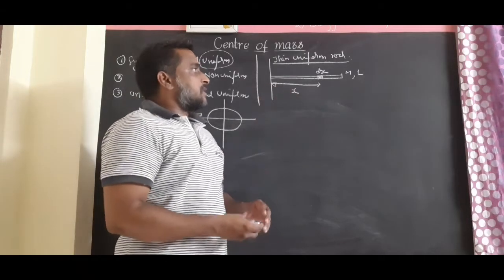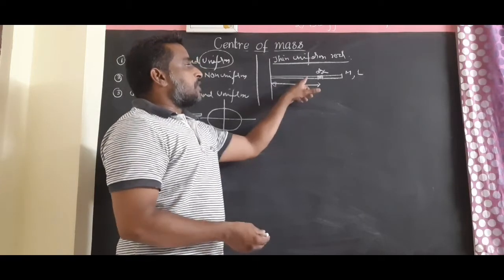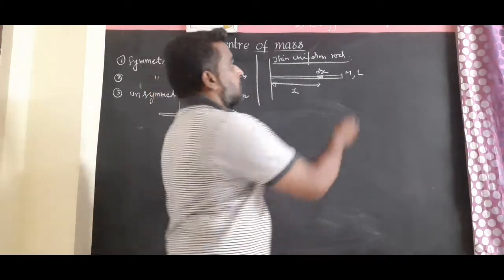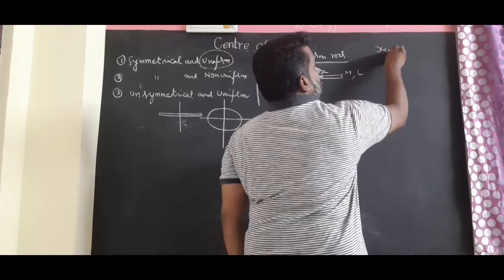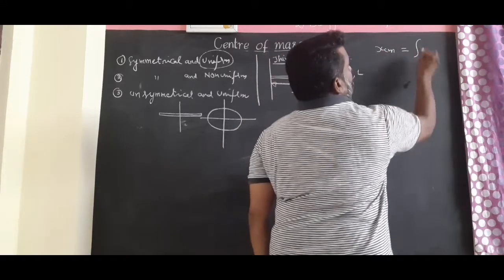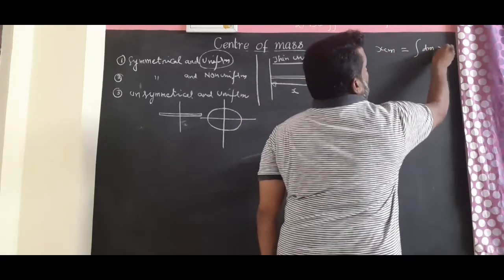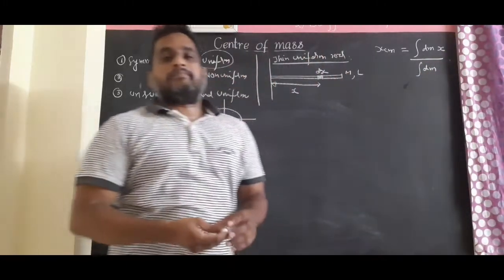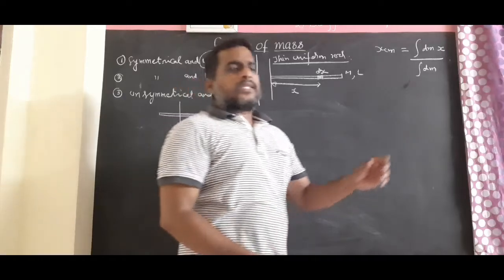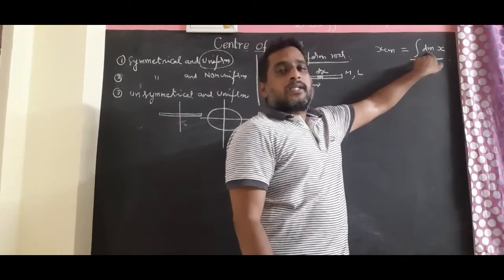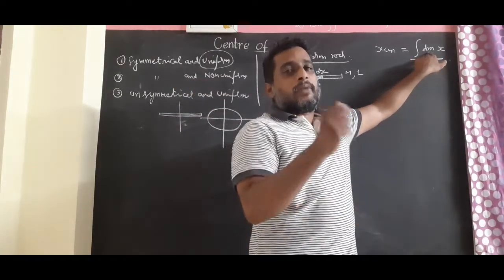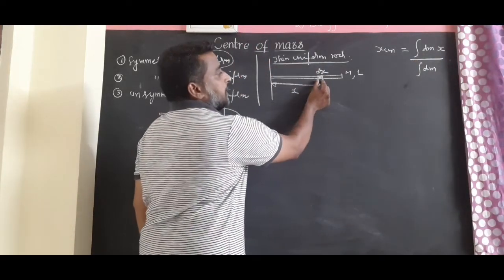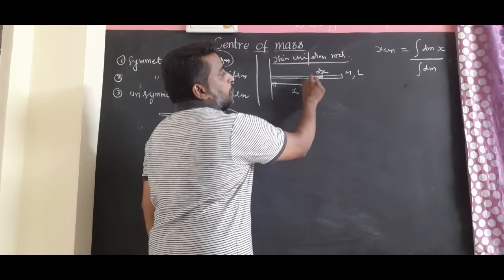Already we have discussed how to locate the position of center of mass in case of continuous mass distributed bodies. Xcm will be equal to integral dm into x divided by integral dm. In this equation, dm represents mass of an element or mass of a particle. Here we have constructed a small particle of length dx.